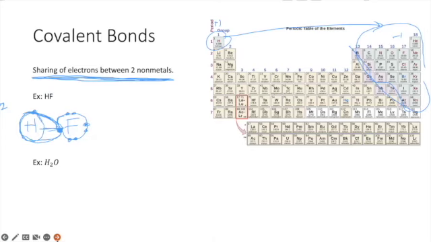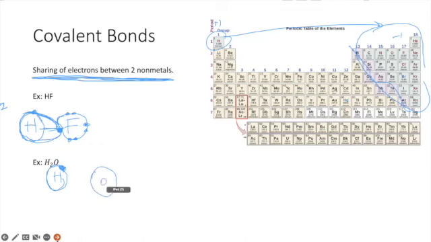So hydrogen, again, even though he's a +1, he never actually wants to physically give it away because he doesn't have another subshell underneath. So he's hanging out here with 1.